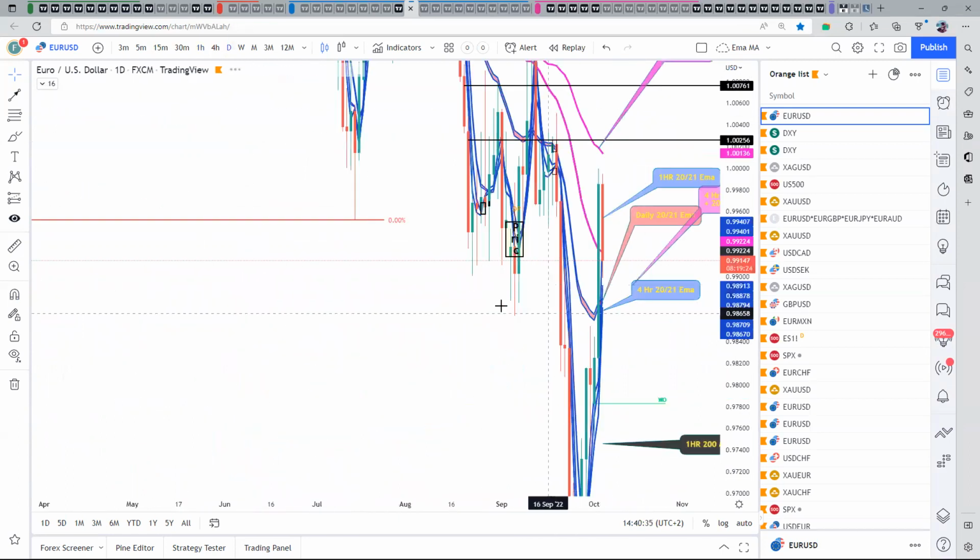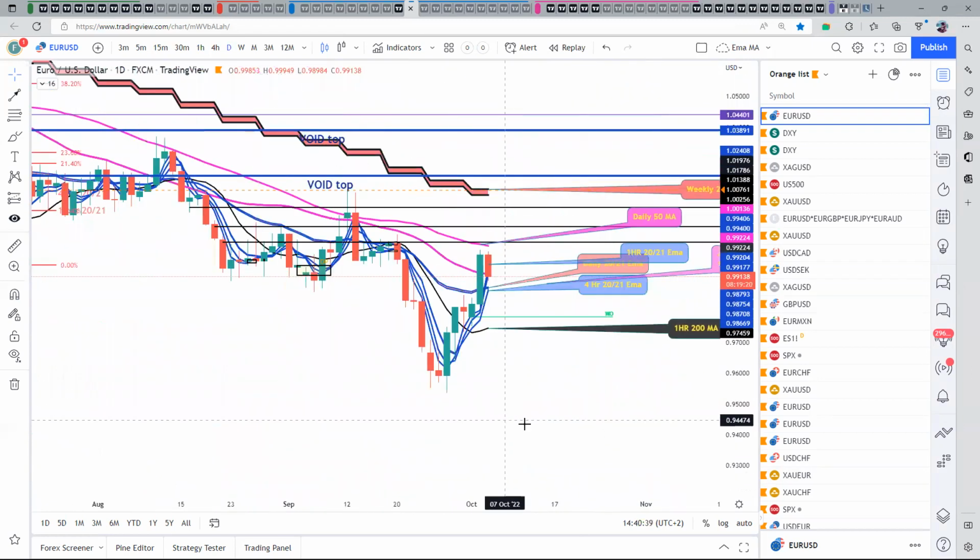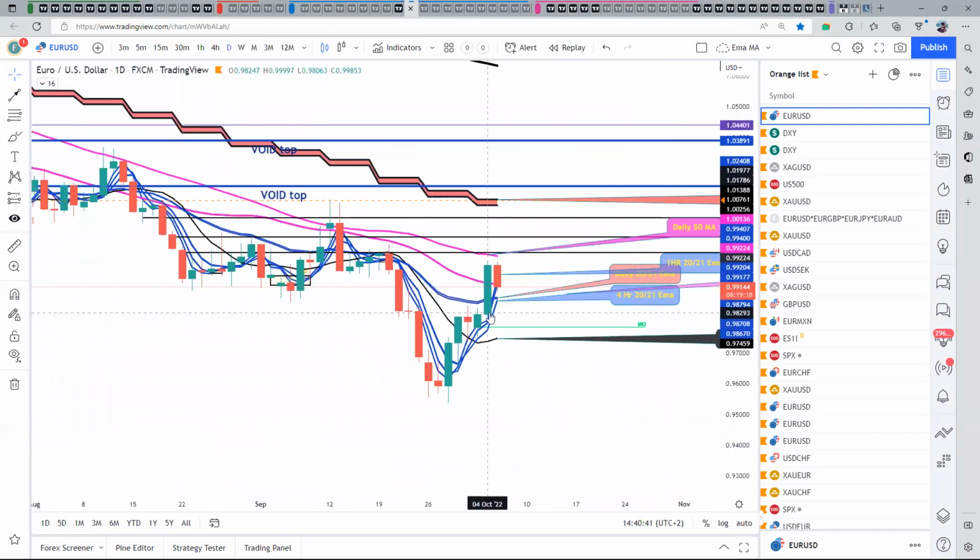So you see how clearly, nicely, and hardly we came through this 2021 daily moving average and closed above it. Now we are coming back part of the way down. And you see here we have some daily support and resistances area at the same time as this confluence of 4 hours and daily 2021 EMA that I was speaking about, together with the volume and the fib we just spoke about.